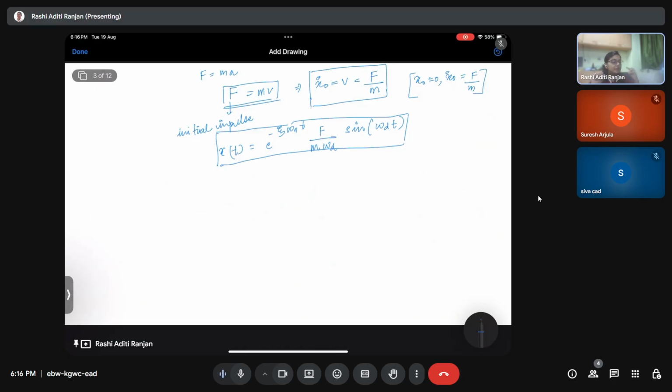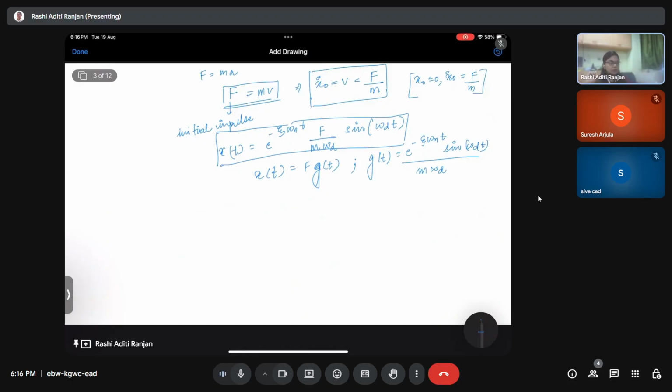Okay. Now I can further write this as x of t equals F into g of t, where g of t is nothing but e to the power minus eta omega n t into sine of omega d t divided by m omega d.